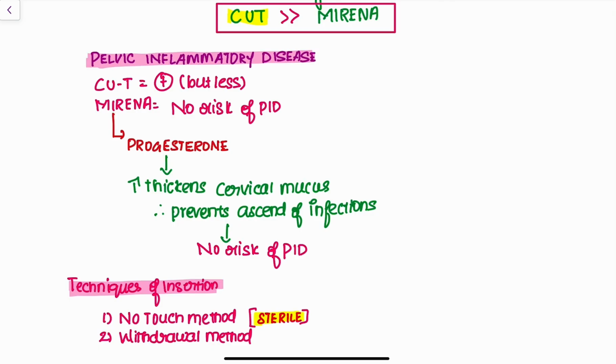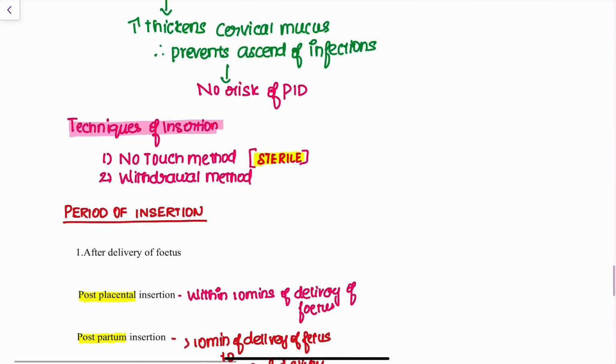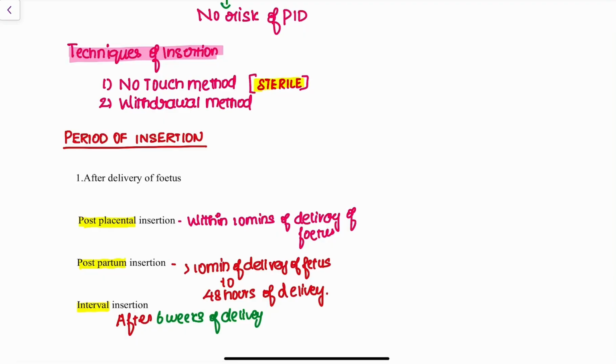This thickened cervical mucus acts as a cervical cap covering the cervix, and this is going to prevent the ascent of any infections. As it prevents the ascent of infections, the chance of pelvic inflammatory disease is nil. So there is no risk of PID with respect to MIRENA. But in copper T, the risk is present, but very less, right?